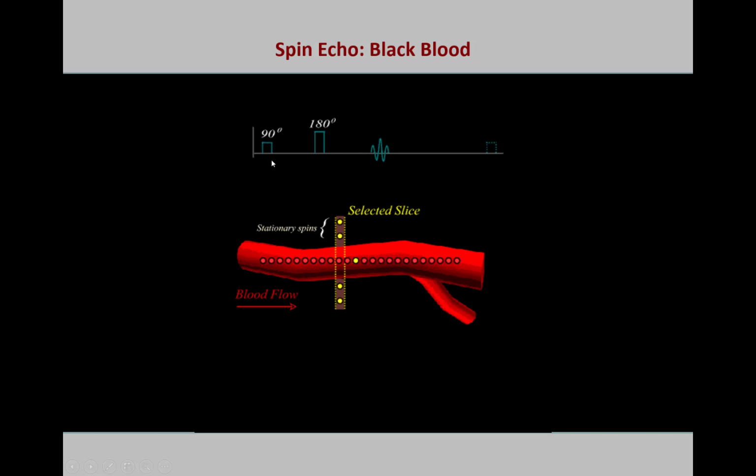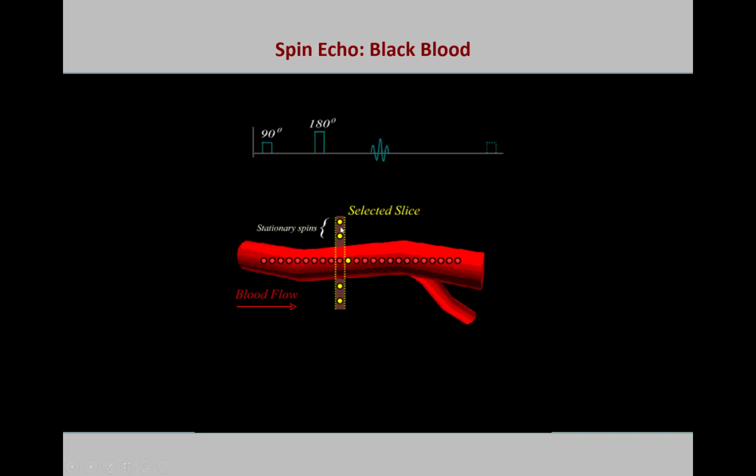When it's hit by the 90, it's indicated filled in yellow, and when it's hit by the 180, we're showing it bordered in orange. So you can see that for a stationary spin, the slice is going to receive both the 90 and 180. It's going to be affected by both.